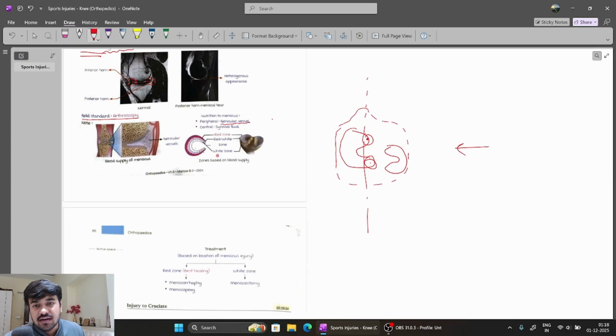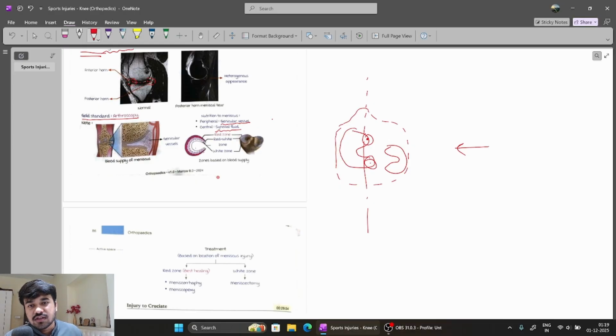But the central part doesn't have a dedicated blood supply. It absorbs nutrition directly from the synovial fluid. So of course, the peripheral part, which has a proper blood supply, will have better healing, while the central part will be slow to heal because it has to absorb nutrition from synovial fluid.